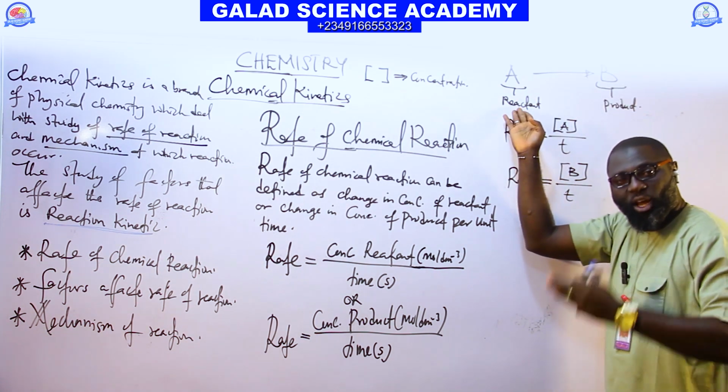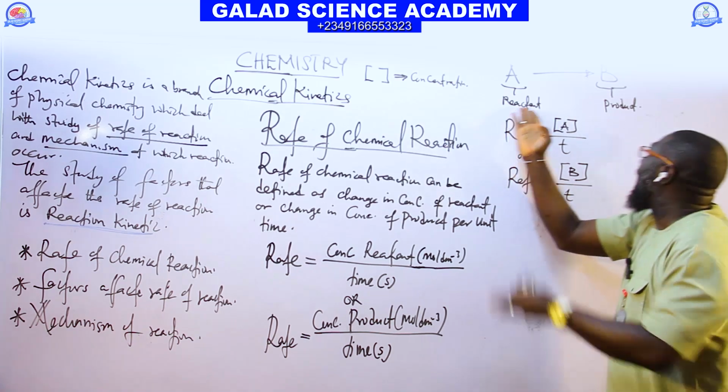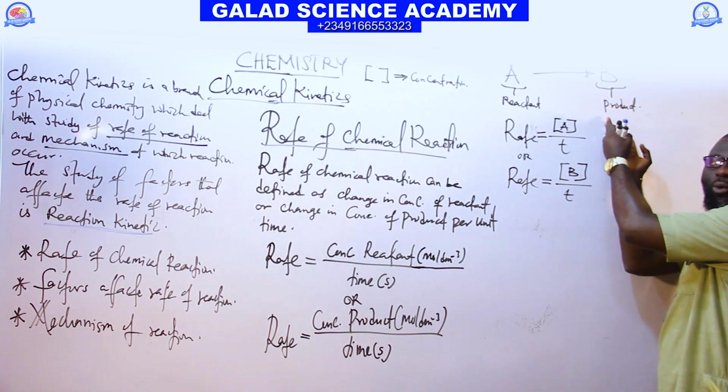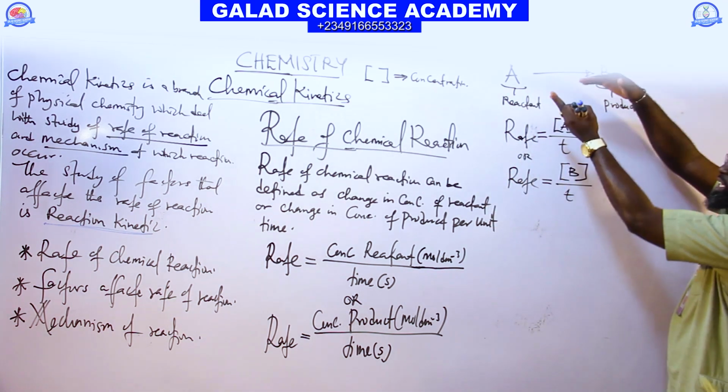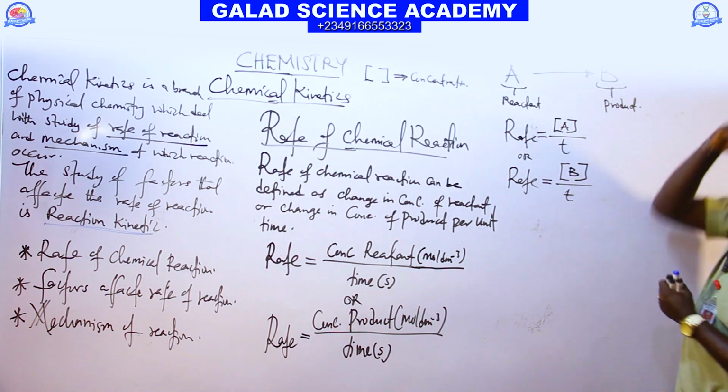A is automatically reduced in size and B will automatically increase in size, because the reactant always decreases to form products.